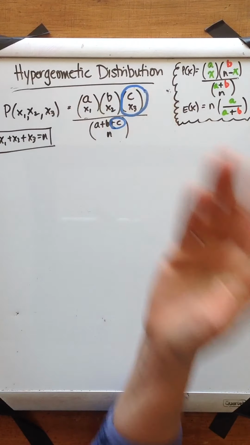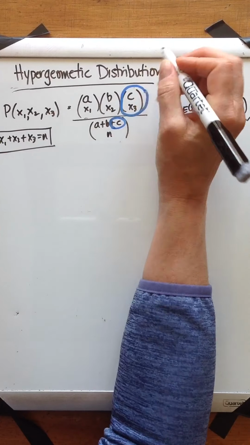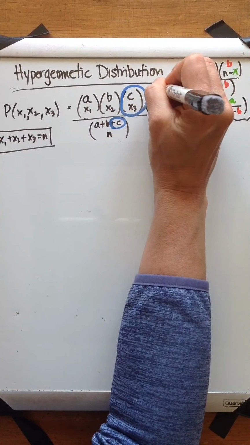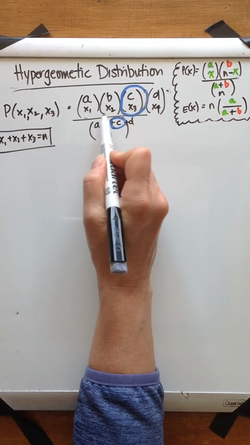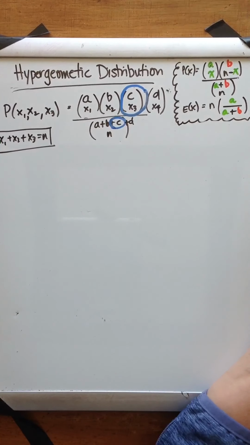Otherwise, what's remaining here is exactly the same as what we had before. Now, if you have a scenario where you have another possible outcome, maybe it's not just black or white, maybe you have 4 possibilities, you could add in another one. Okay, and in that case, all of these x values have to be equal to n. You'd have to add plus x4, and you could extend it beyond that.